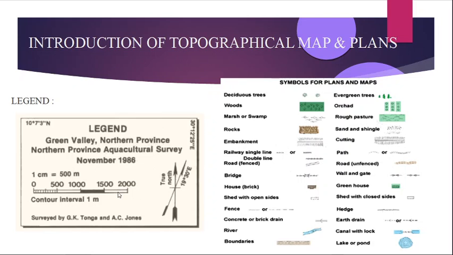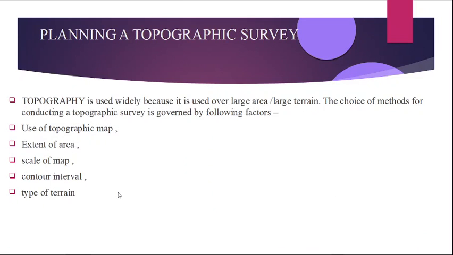Now, the next point is contour interval. So, what is contour? Contour is nothing but the line of intersection of a level surface with the surface of the ground, and the vertical distance between two consecutive contours is known as contour interval.